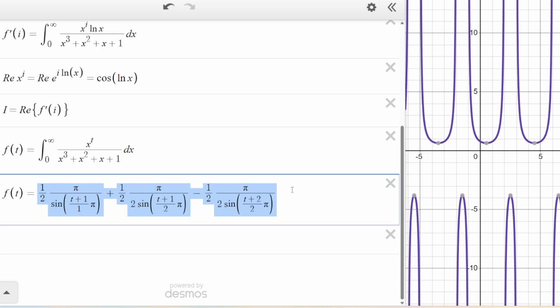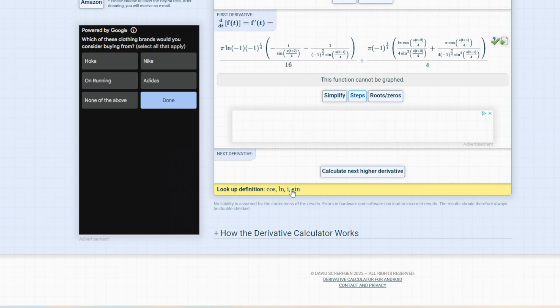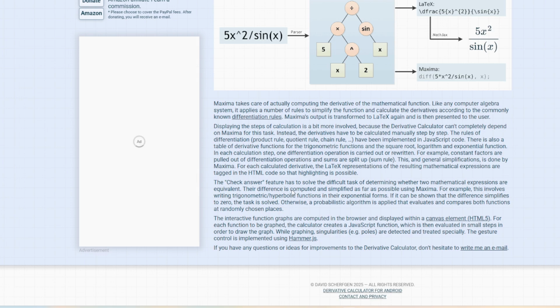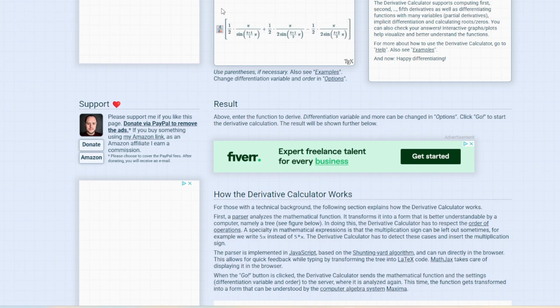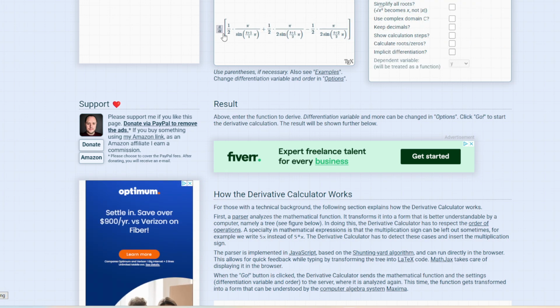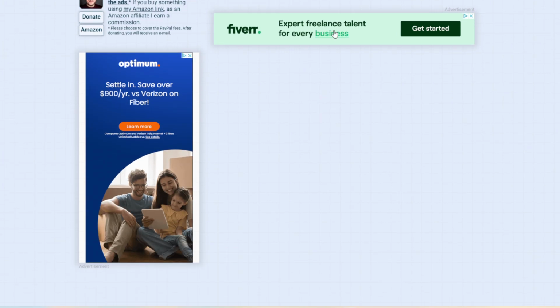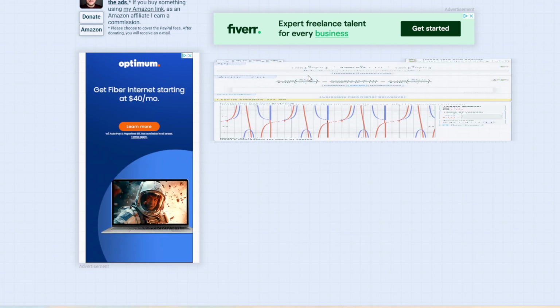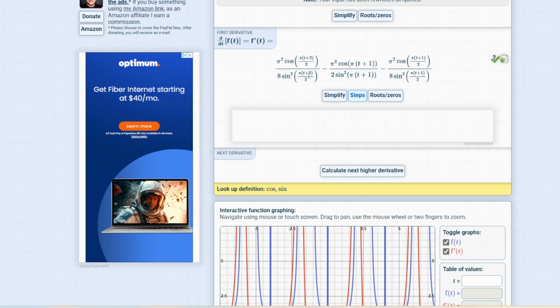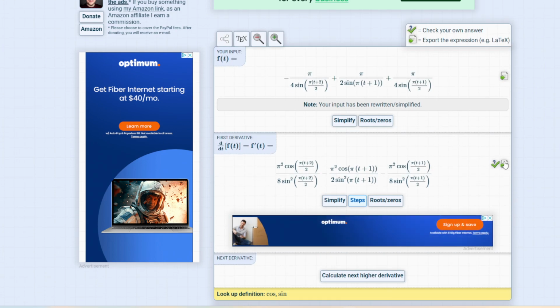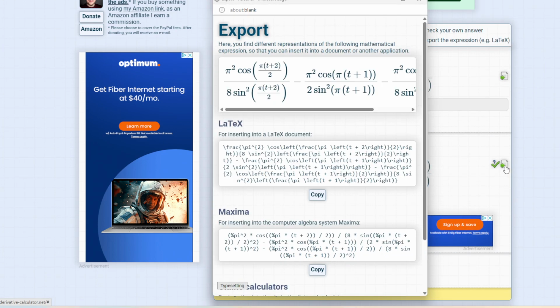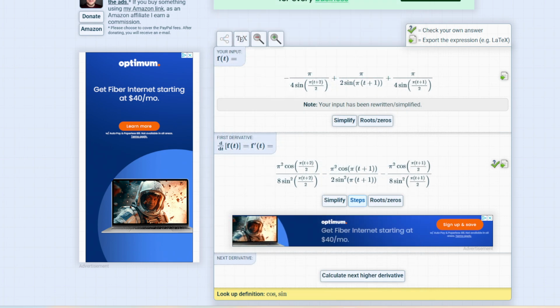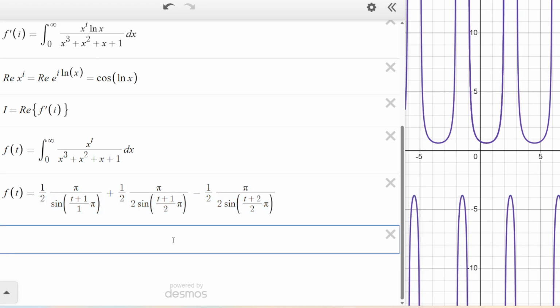I'm going to use a derivative calculator to speed up the process a little bit. Taking derivatives is a very mechanical process. If you know the rules and you're careful and patient enough, you can get the correct answer, and this is what it is.